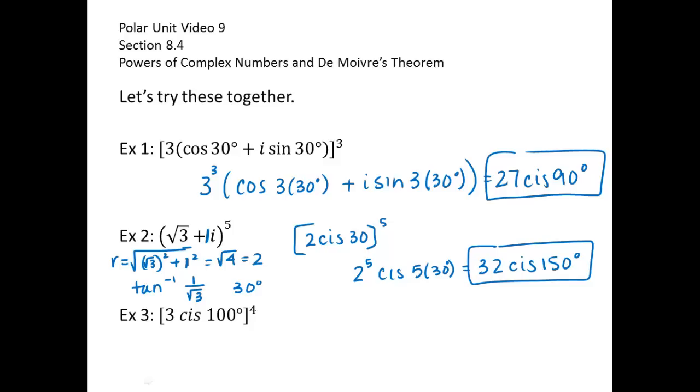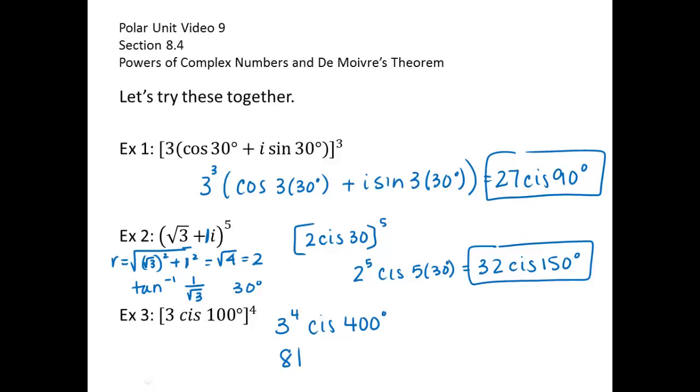All right, next up, we've got 3 cis 100 to the fourth power. So I'm going to first raise this to the fourth power, and then I'm going to have cis of 400. So I'm going to do two things. I'm going to reduce or simplify my 3 to the fourth power to be 81.